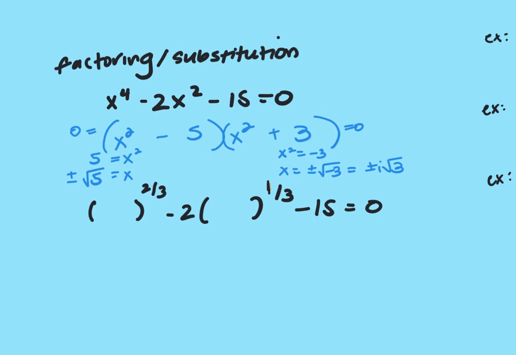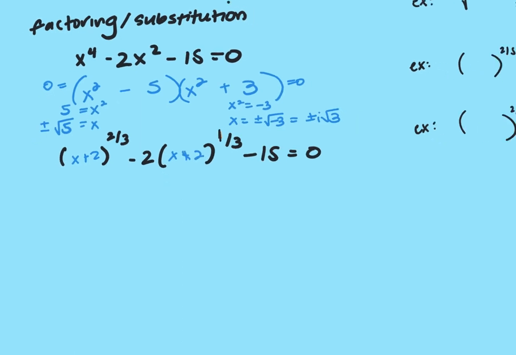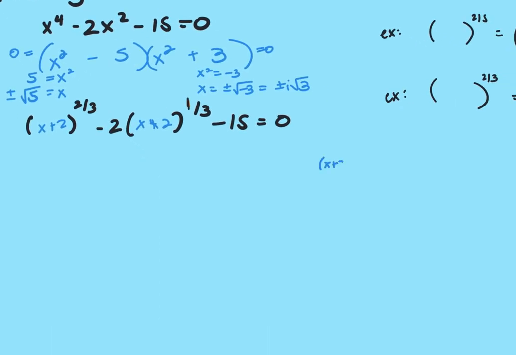And then the next one you would take whatever's in here. So if this was x plus 2, I would say x plus 2 to the 1/3 is my a. I would make it a squared minus 2a minus 15 equals 0. And then I factor it. Same factors, a minus 5 and a plus 3. Split and solve.